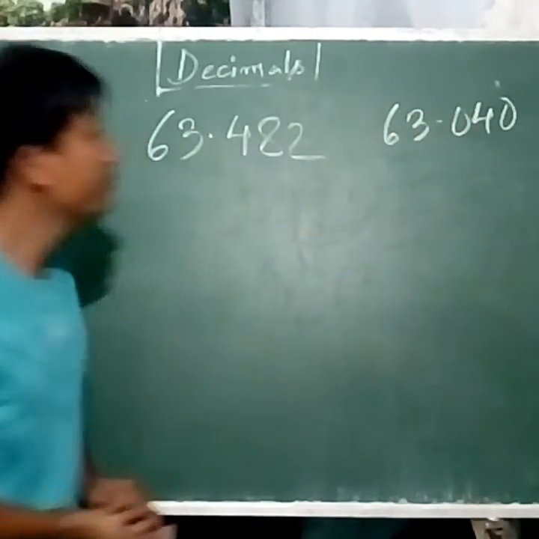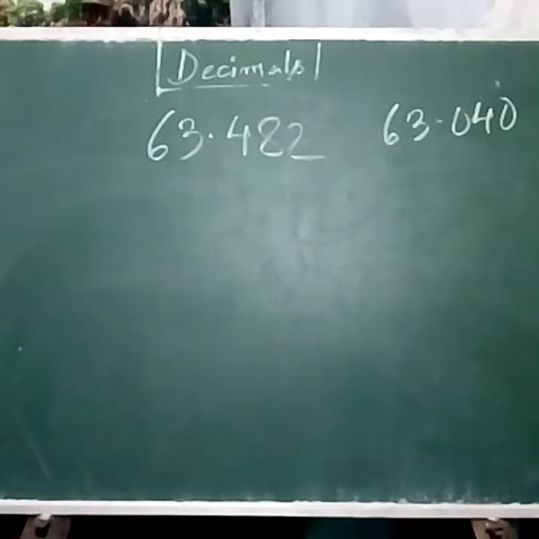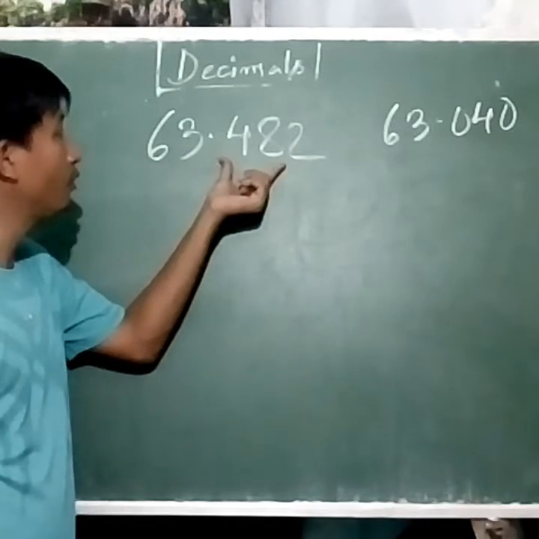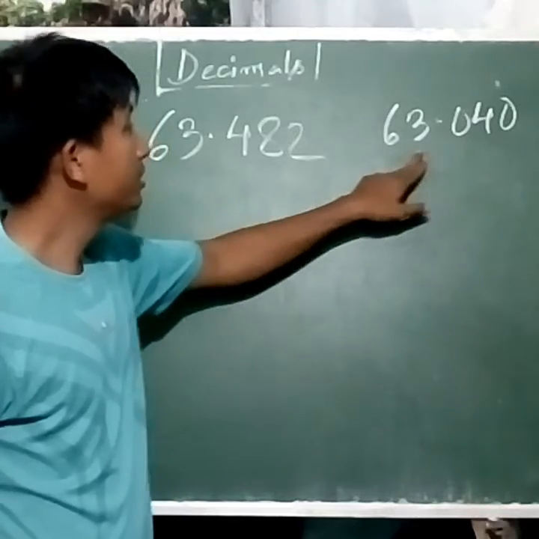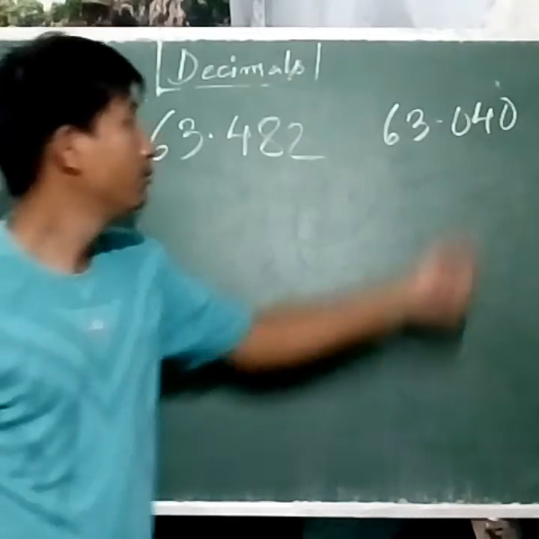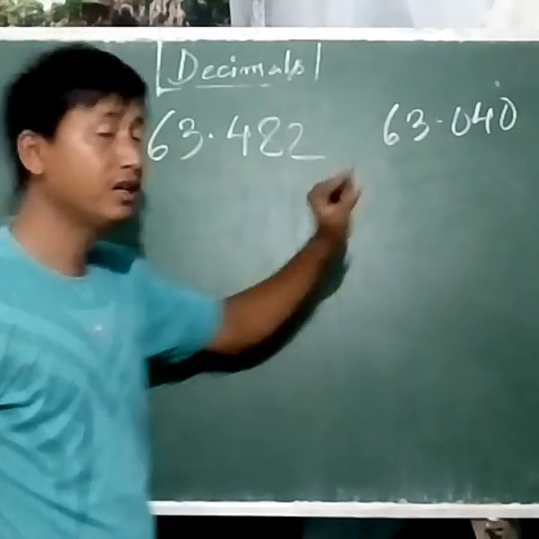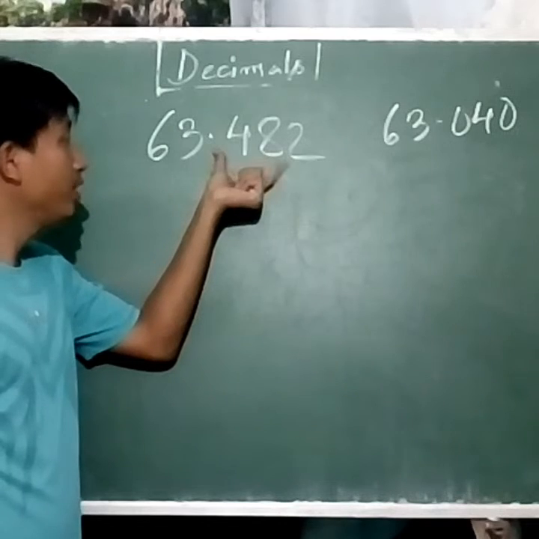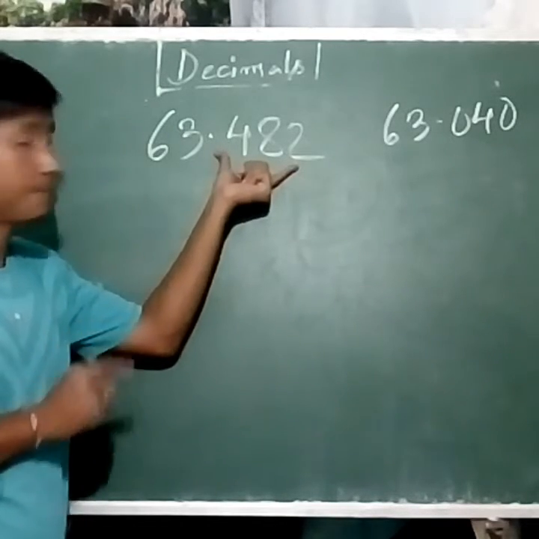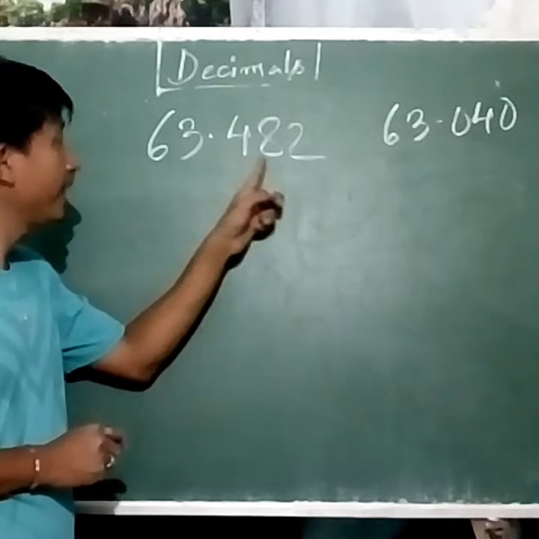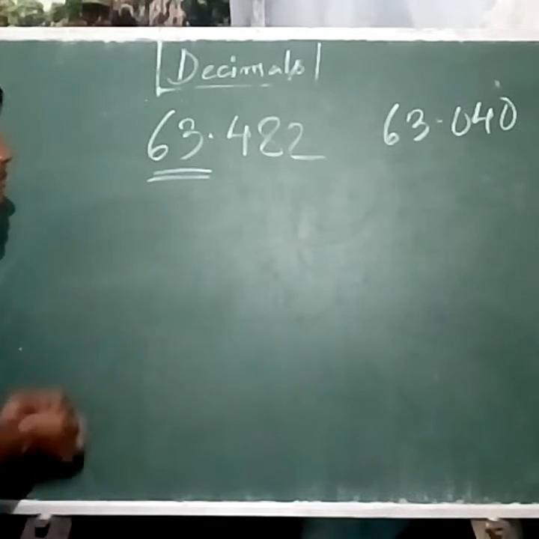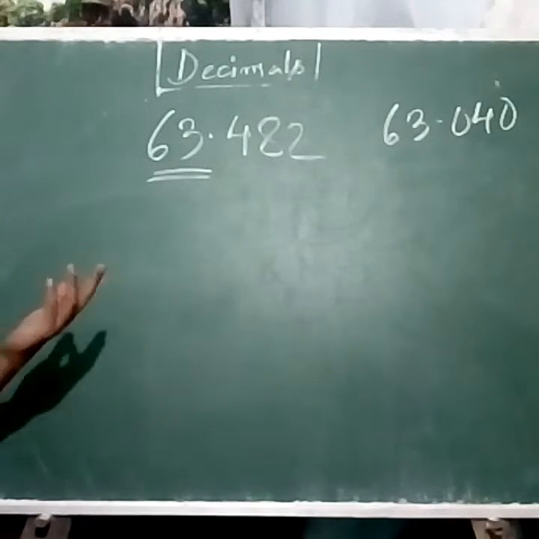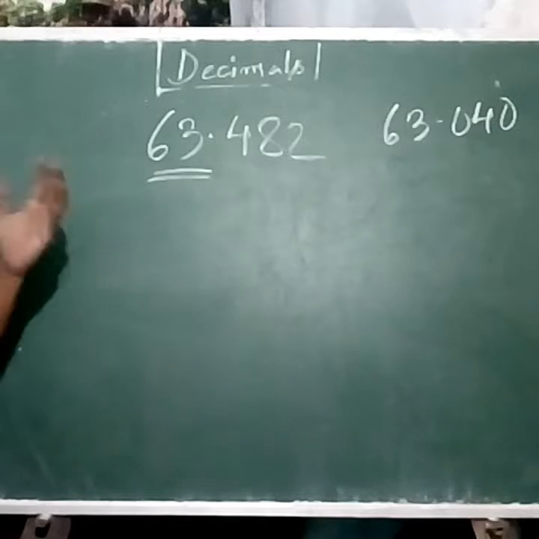There will be some complications, just like 63.040. How will you spell this particular number? Obviously you would spell it as 63.40, but what about this 0? That's why after the decimal point we have to spell it individually. The whole number part you spell as 63.